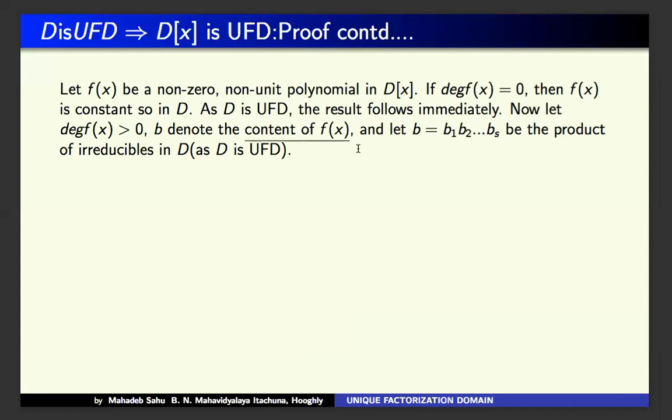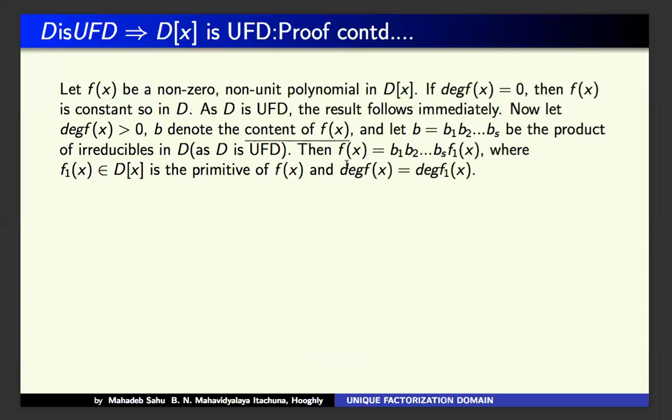Let b equal b1 up to bs be the product of irreducibles in D. That means b can be written as a product of irreducibles: if b is irreducible, then it's okay; if not, it can be factorized into irreducibles. This is possible as b belongs to D and D is a UFD.